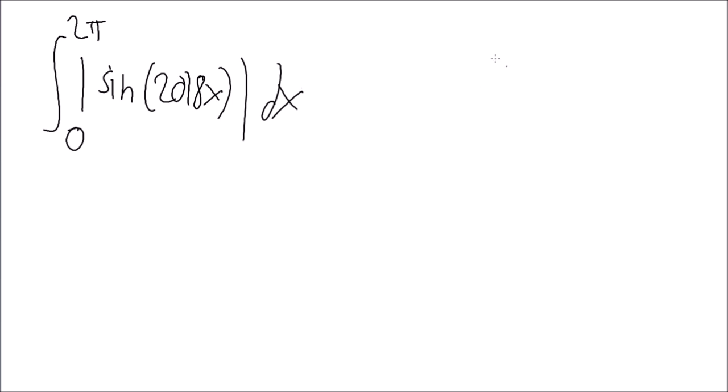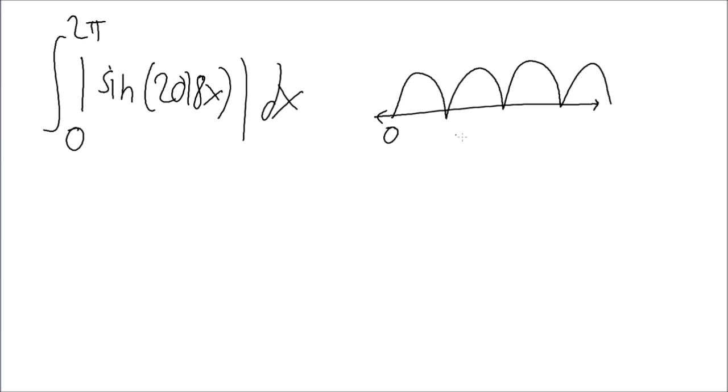You'll do a graph because it's absolute value, so it's going to look like this. We're technically taking 0 to some interval, and then you multiply that multiple times to whichever 2 pi. So graphing is a last resort thing, but you should not overly do it.